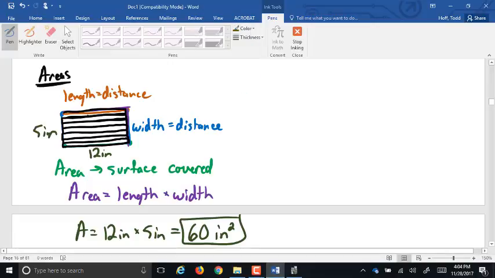But what if those sheets of paper weren't stacked up straight? What if I stacked them off to the side a little bit? Kind of gave the top of the pile just a little bit of a shove.